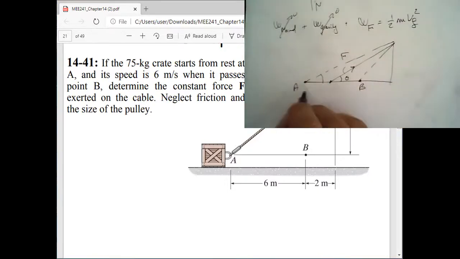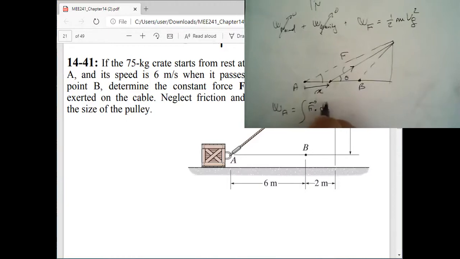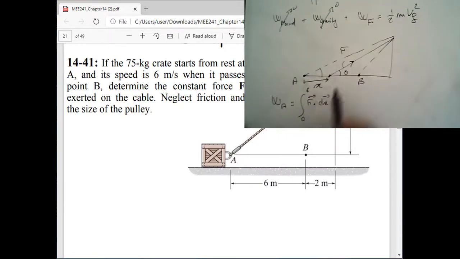But what is x? I'm going to define x to be this distance. x is how much you have traveled, and now I know the work of the force F is going to be equal to how much? F as a vector times dx as a vector, right? It starts at 0 and ends at 6 meters. This is the dot product between F and dx, and dx is in that direction.